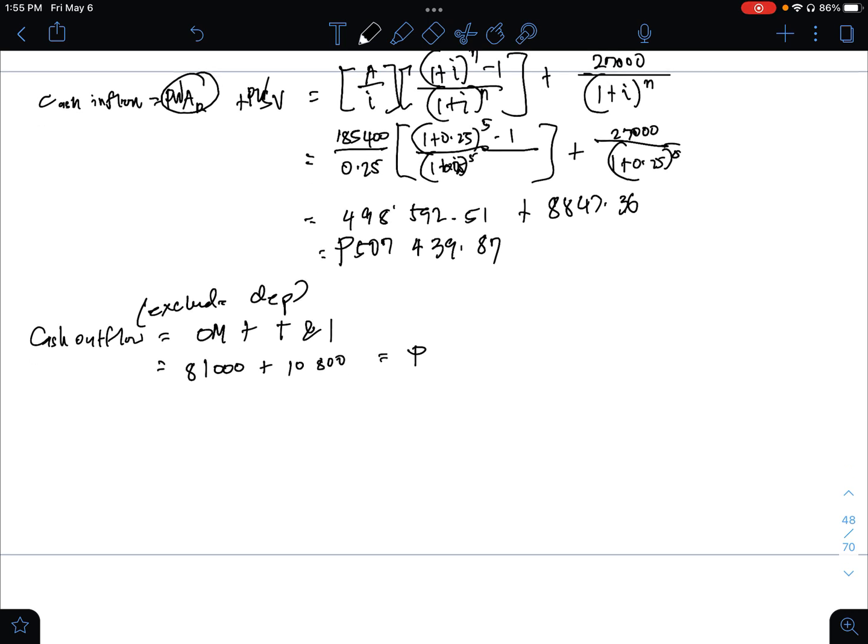Therefore, ang ating cash outflow, or annual cost rather, is 91,800. I-present natin si 91,800, class.